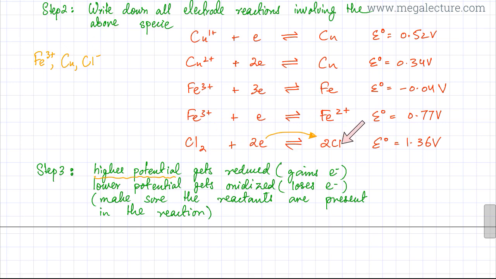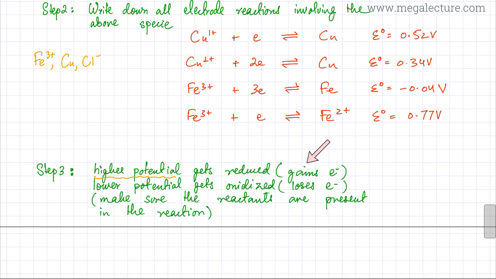This equation does not fit what my reactants are. So Cl2 would not be able to gain electrons to form Cl- because I don't have Cl2 in my reactants. So I'm going to just remove and cut this equation out because it does not fit with my reaction.